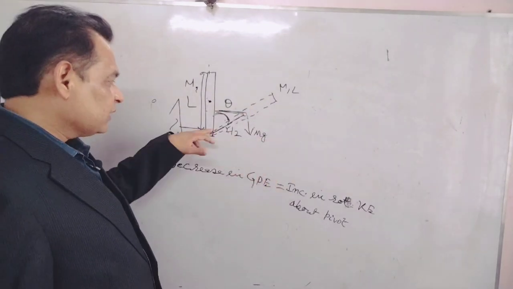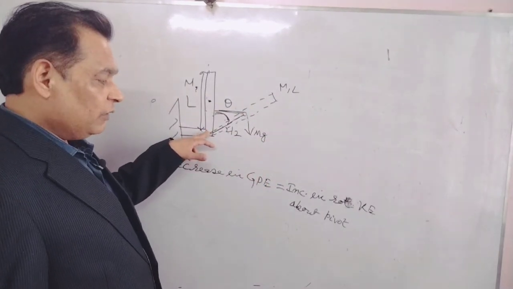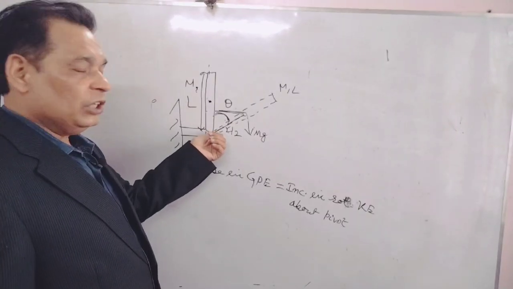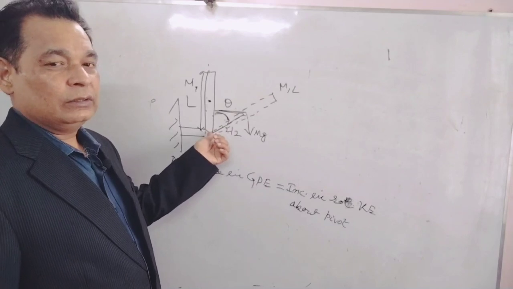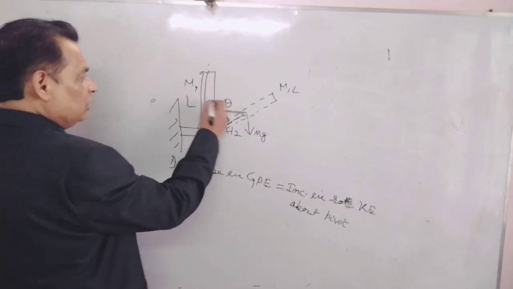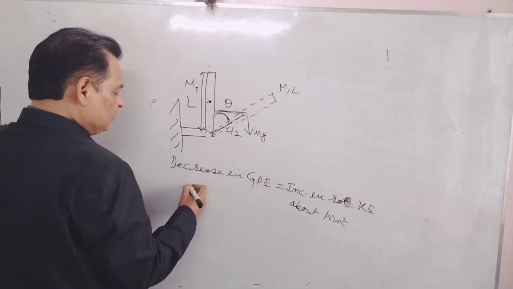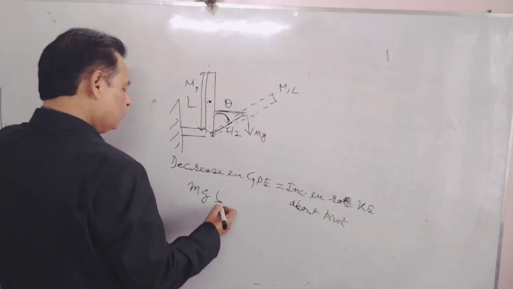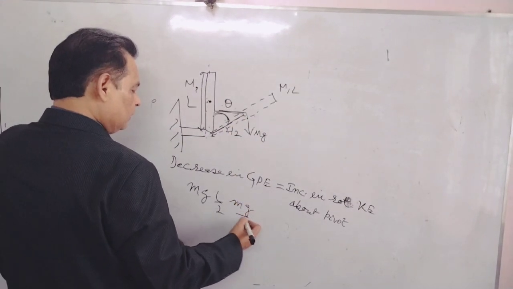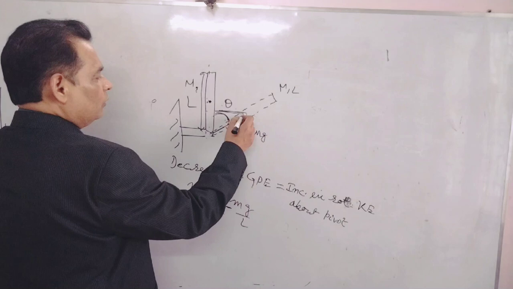But if you put the axis here and find I, the moment of inertia about this axis, you need not find the translational kinetic energy. So we can have the decrease in potential energy. Initially it is at mgL by 2, finally it is at mgL by 2 times cos theta, this height.